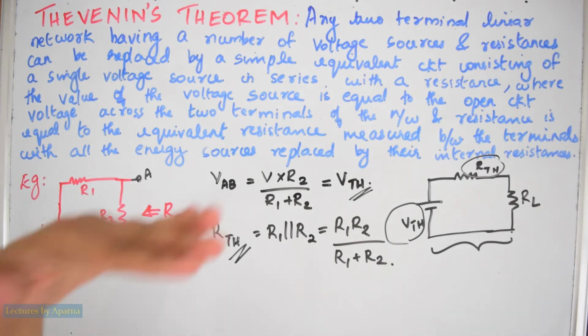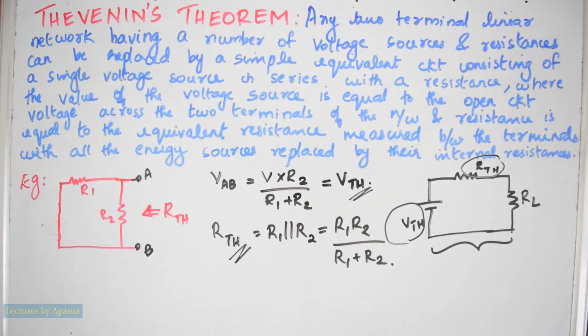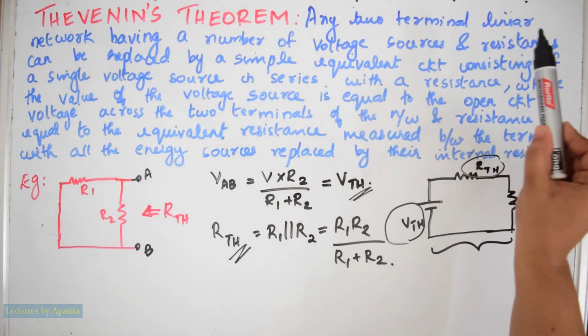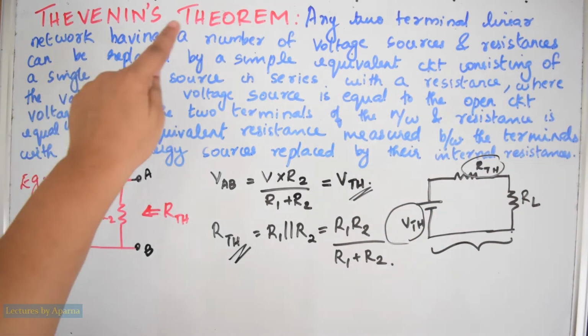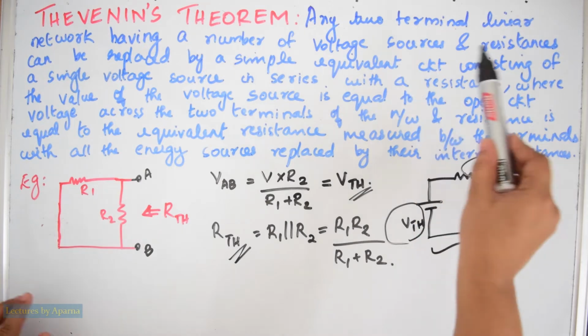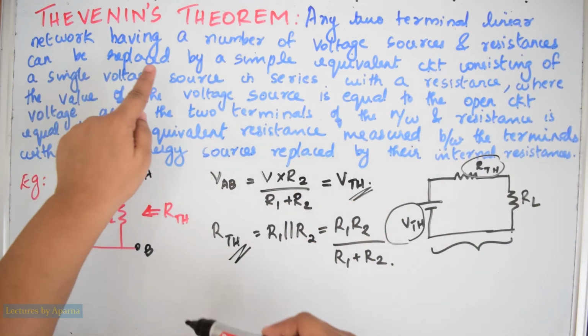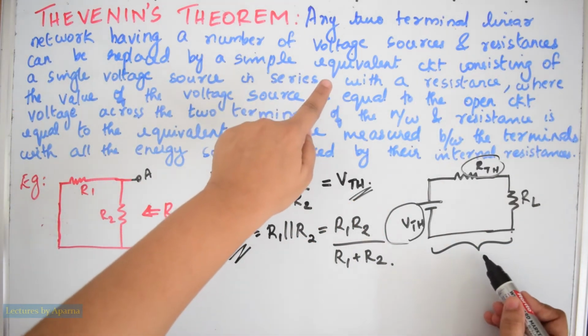So now let's read this theorem. Any two-terminal linear network having a number of voltage sources and resistances can be replaced by a simple equivalent circuit.